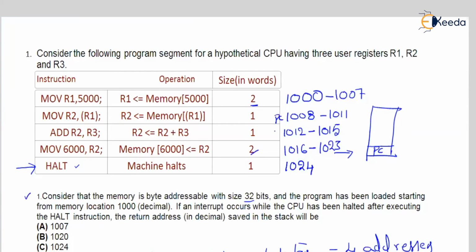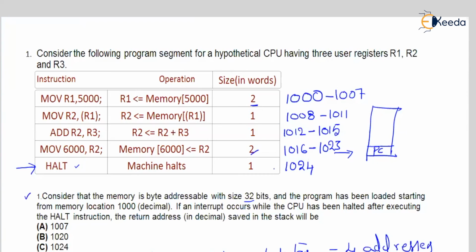When this gets executed, the program counter value is 1012. When this gets executed, the program counter value is 1016. When this gets executed, the program counter value is 1024. That means the program counter value will obviously be the address of the next instruction.